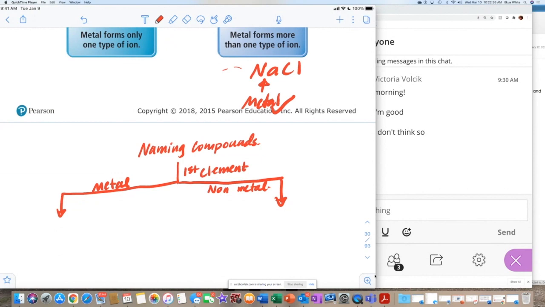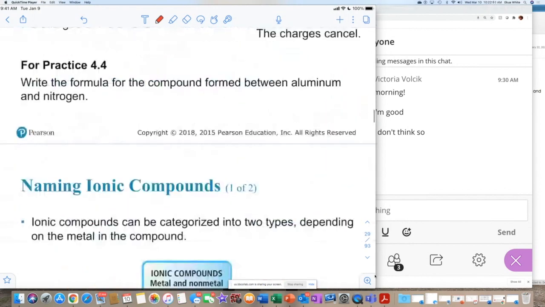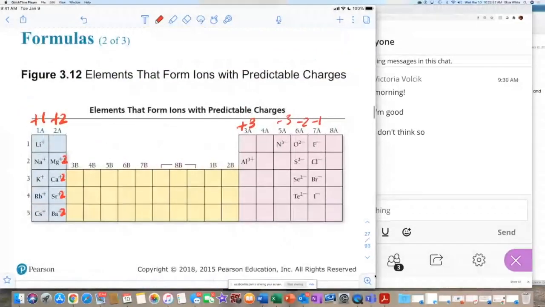But there's more than one type of metal. Now that we said it's a metal, is it a group A metal or a group B metal? What do I mean by that? Let's go back to our little handy dandy chart right here. Remember, group A metals, these are the A group metals, like this one here and this section right here.